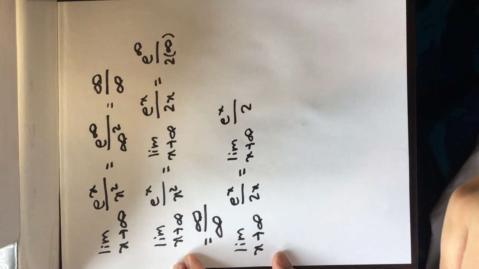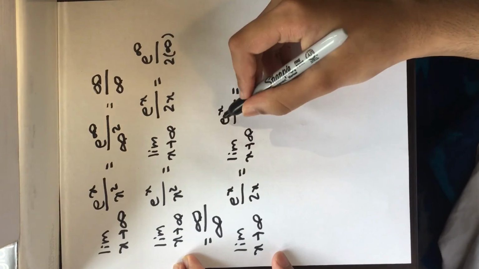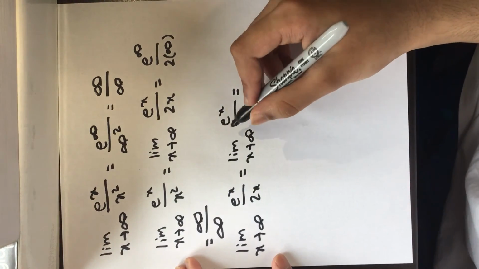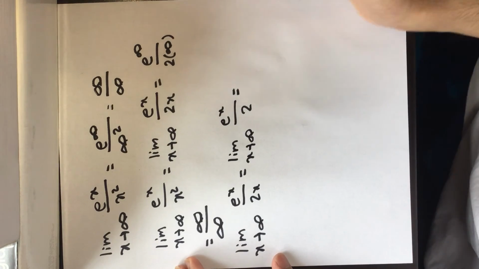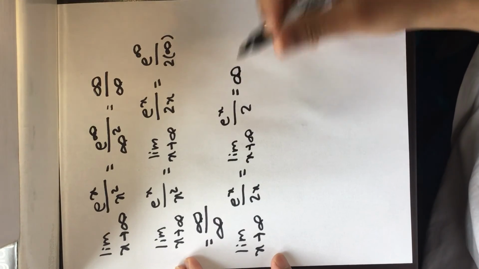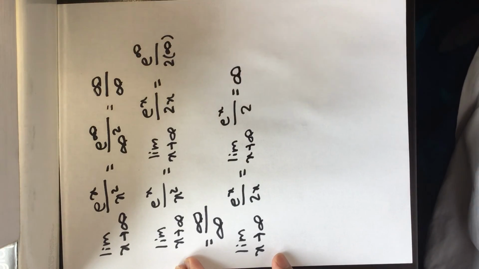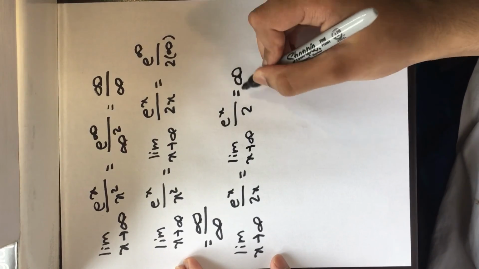Now we have shown that e to the x is increasing at a much faster rate than x squared is. So if we take the limit of this, it would just be infinity. Because e to the x is constantly increasing, and it doesn't matter if you divide by 2, it's always increasing, so this is infinity.